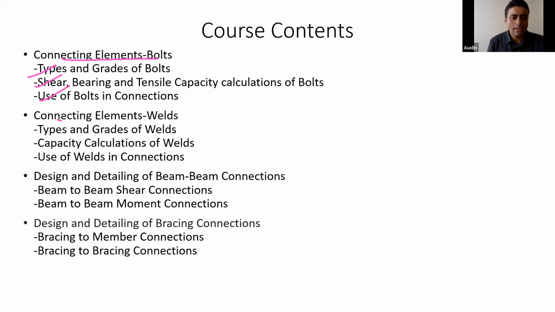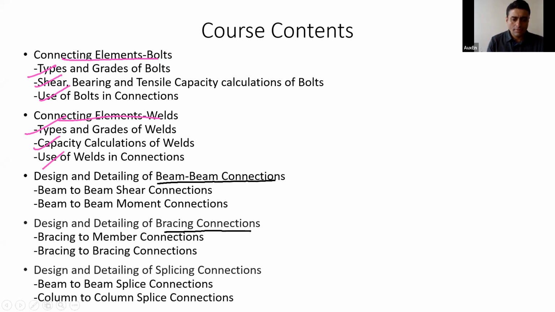Then we will go to the next connecting element, that is weld. Then one by one we will start discussing the connection families. So we will start with the beam to beam connection. Then we will go to the bracing connections. Then we will go to the beam to column connections.